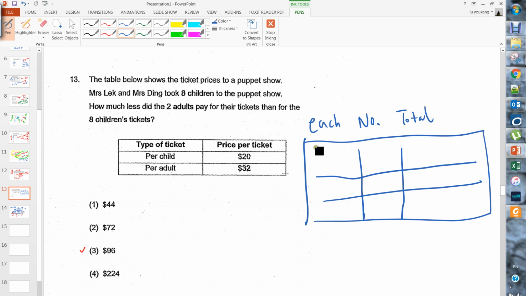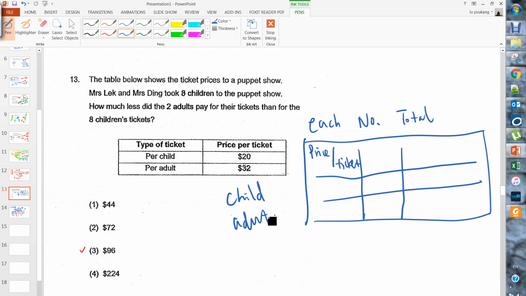Per means each ticket, right? So that's why I put the price per ticket here, because per ticket means each ticket, right? 对吗? So per ticket is $20 for child. So just now we were talking about your family, my family, the Y family. So here we are talking about child, and then we are talking about adult.